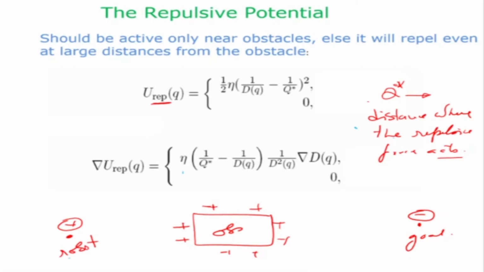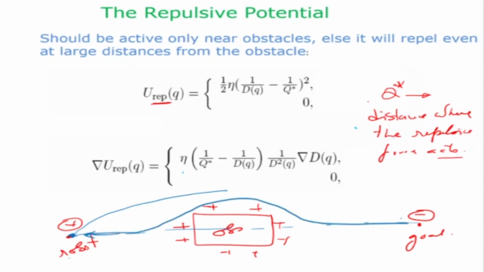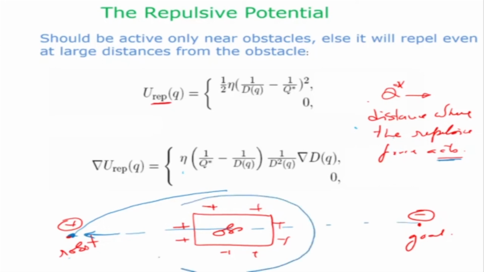That is just common sense, right? So for example, if we are at this position here, the shortest distance would be a straight line. But if the robot is here and the repulsive force is also acting at that point, then it will tend to move the robot like this. Whereas the robot could have simply gone like this and then gone like that. So we basically put a distance where the repulsive force starts acting.